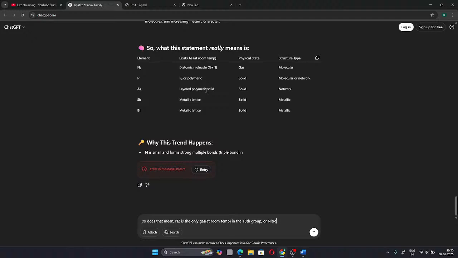Or nitrogen is the only element able to form gaseous compounds at room temperature.